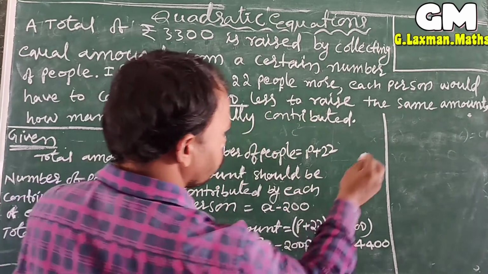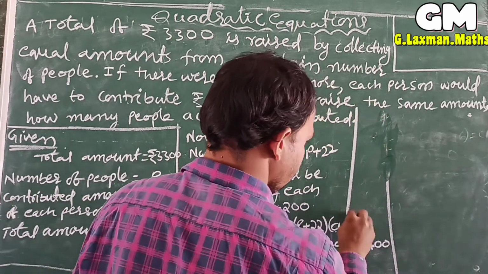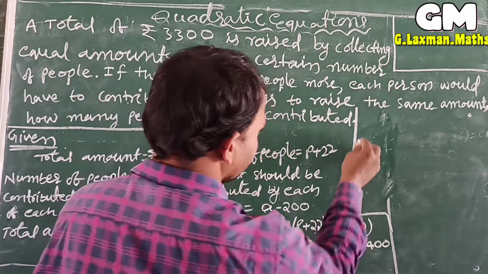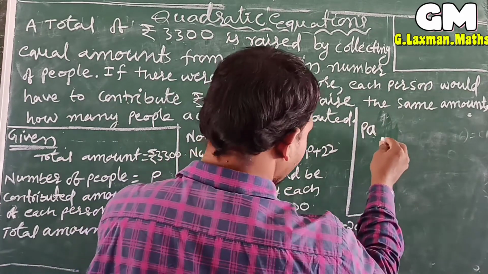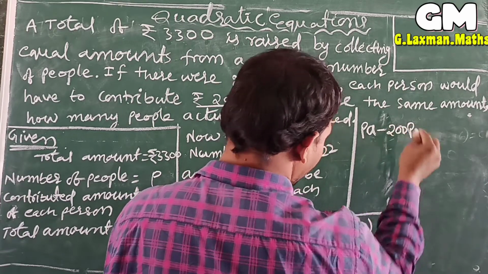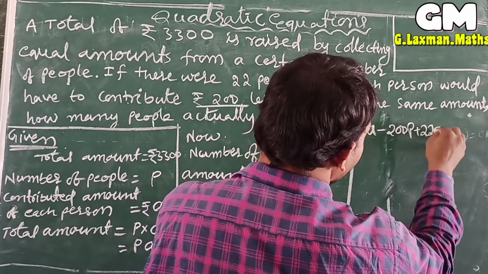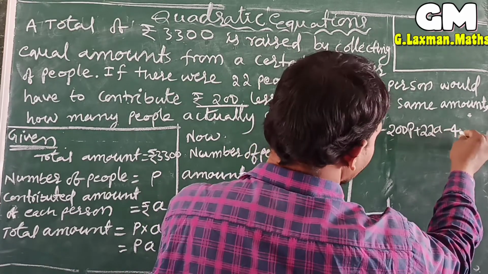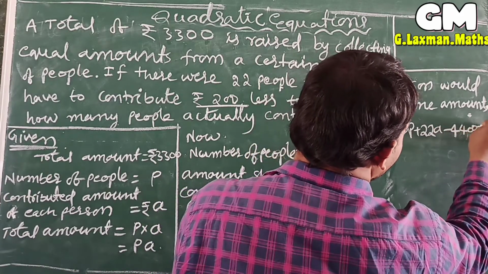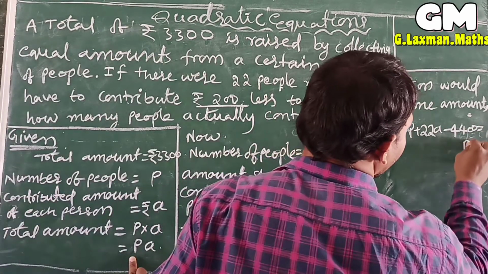So PA minus 200P plus 22A minus 4400 is equal to PA.